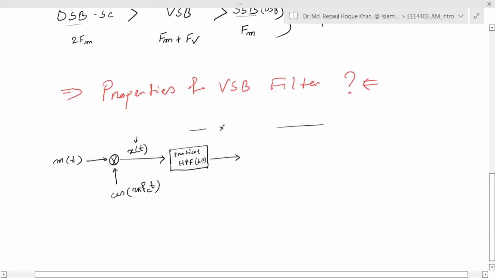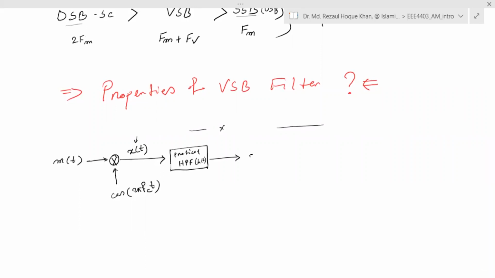What we get is the signal x(t) convolved with the impulse response h(t) of this filter. When you pass a signal through a filter, it is convolved with the impulse response of the filter. So this is a convolution.